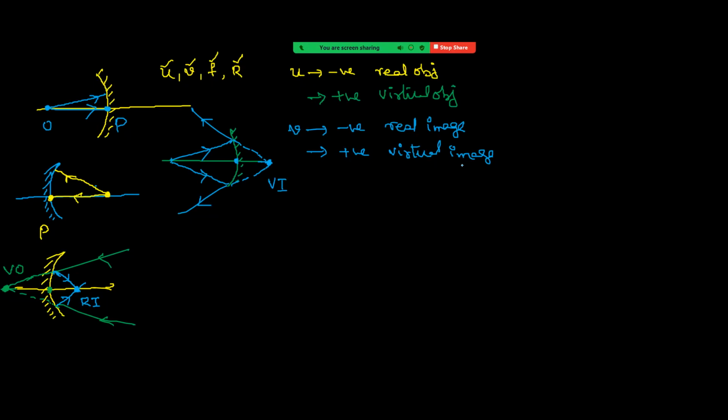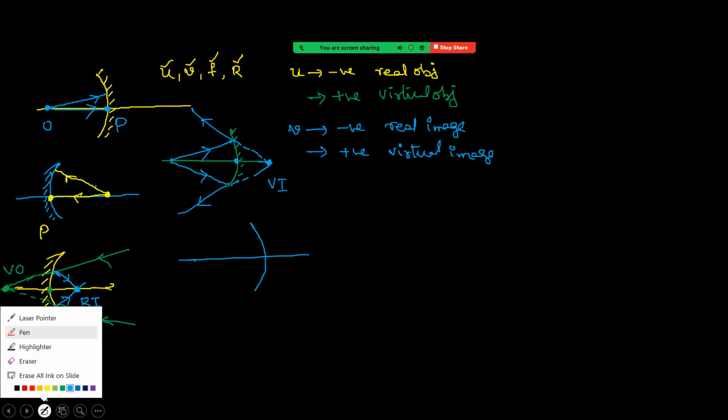So now see: u negative for real object, u positive for virtual object, v negative for real image, v positive for virtual image. Okay. Next, coming to focus. See how to decide the coordinates of focus. First of all, if you want to know the location of focus, we have to consider a parallel beam, parallel to the principal axis.